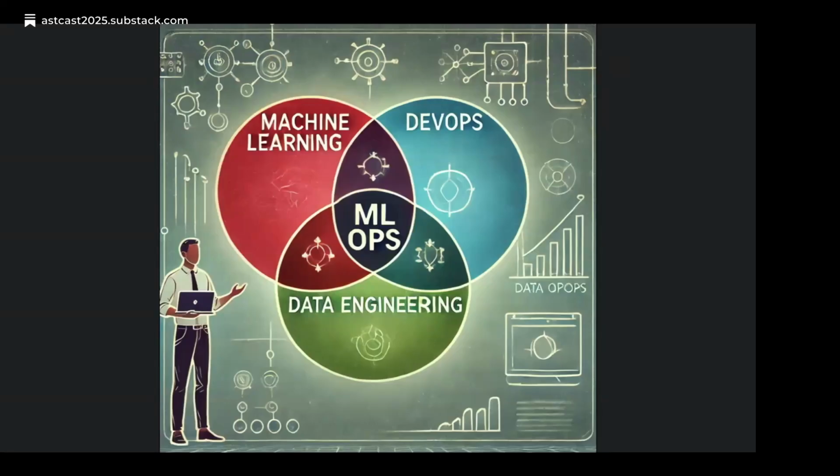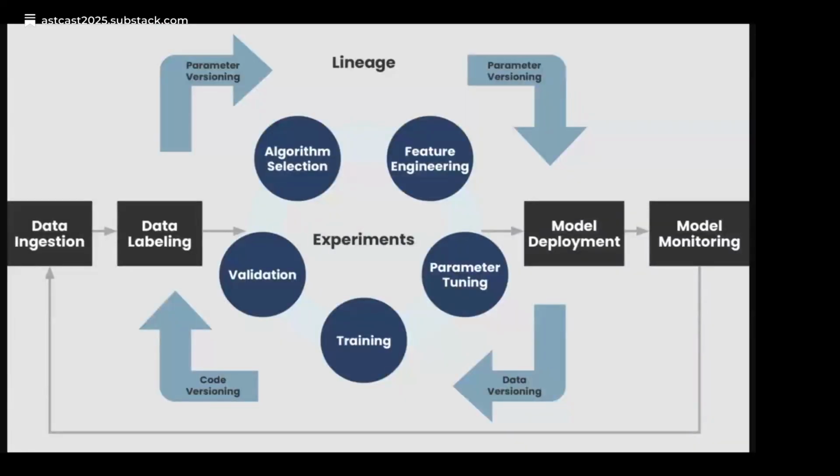So in MLOps, you have the idea of machine learning. That's the data science stuff. You have data engineering, which is how you harness it, collect it, transform, normalize, all that good stuff. And then the DevOps side is how do you actually deploy, how do you monitor, how do you iterate, feedback, that kind of stuff. If you were to look a little closer within that, an ML process looks like this. You start with data ingestion. You need data of some kind to do something with ML, right?